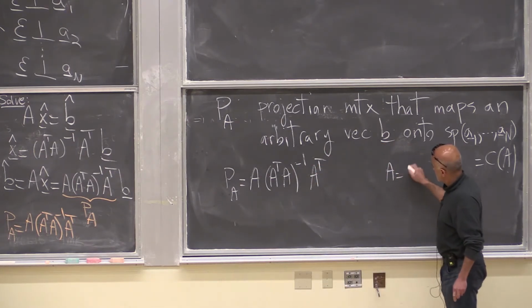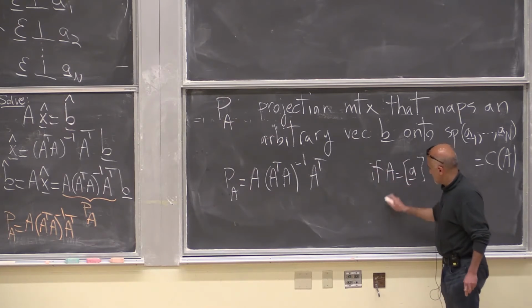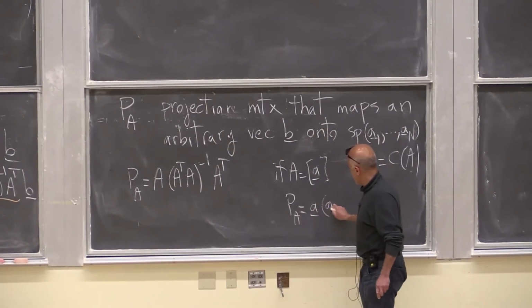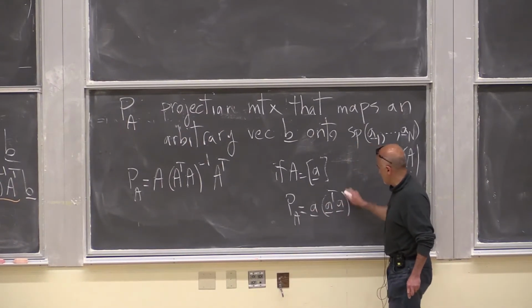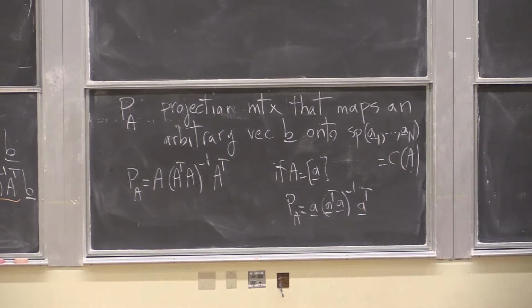When A was just a single vector, A, then PA was simply A transpose A inverse A transpose. So that's basically a summary of what we've done.